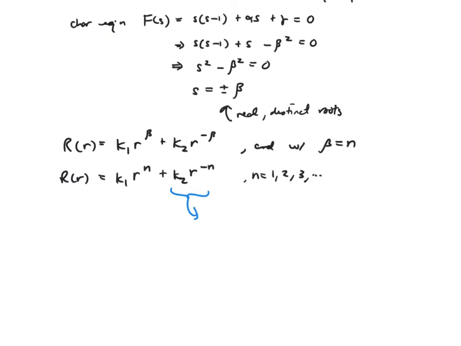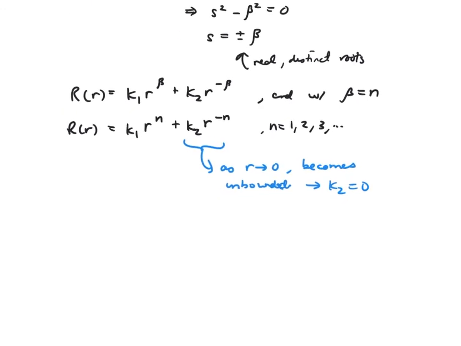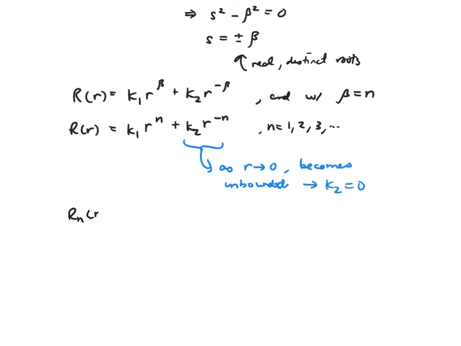R to the minus n, that's 1 over r to the n. As r goes to 0, you have 1 over something getting vanishingly small. That gets extremely large, becomes unbounded. Don't want that to happen in my solution. So I make k2 equal 0. And that means that the nth solution of my set of r solutions in the separation is just r to the n.